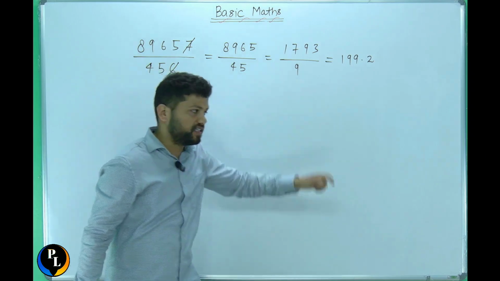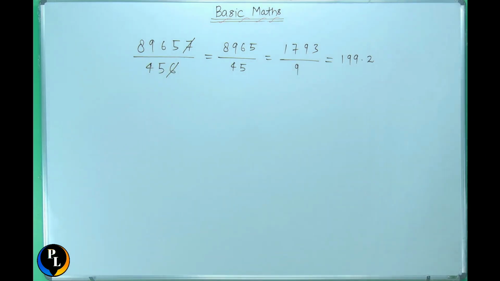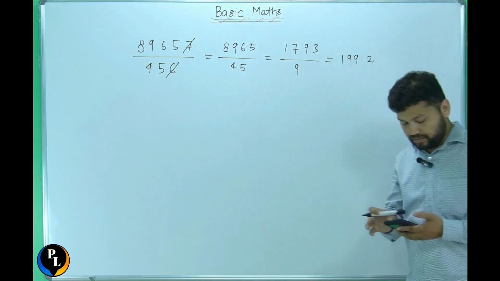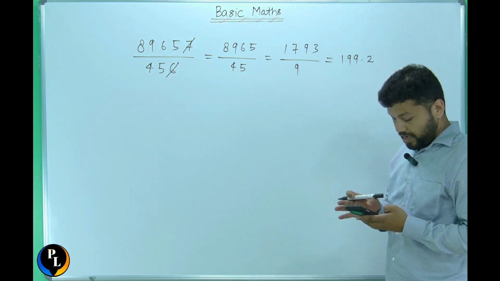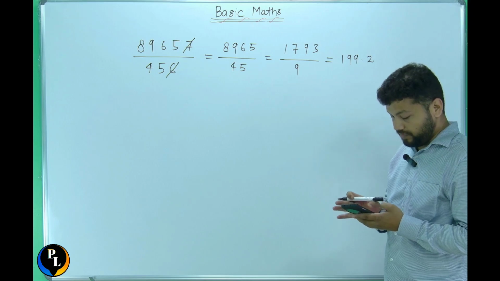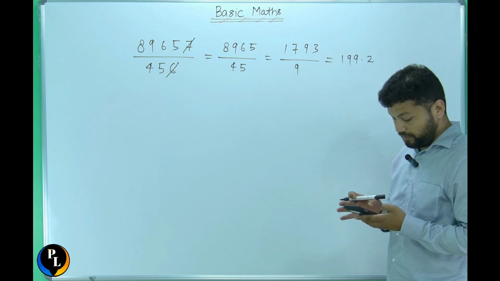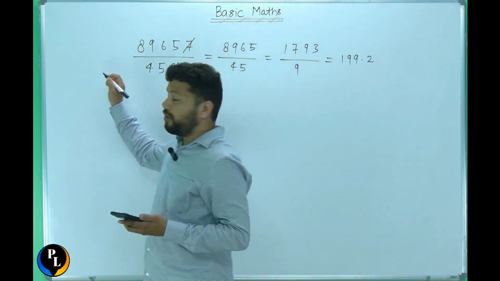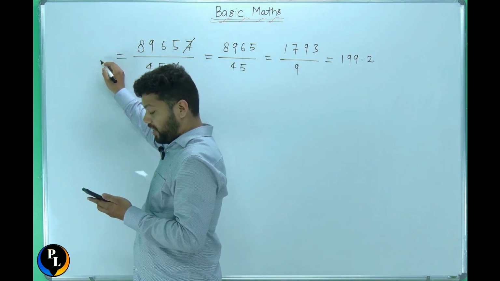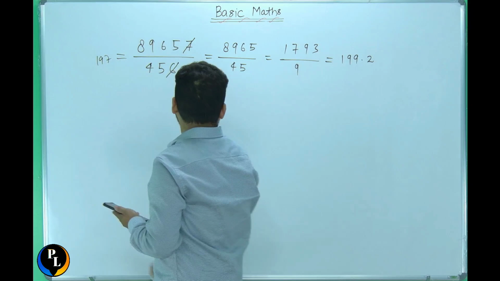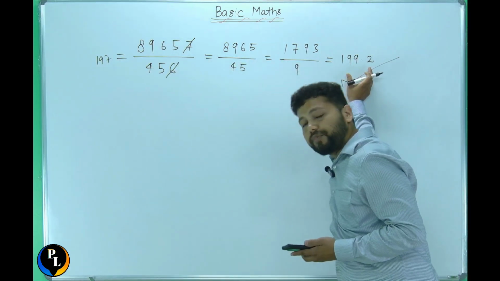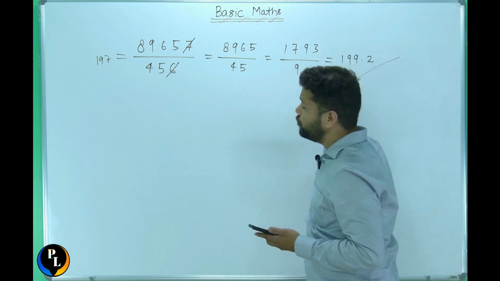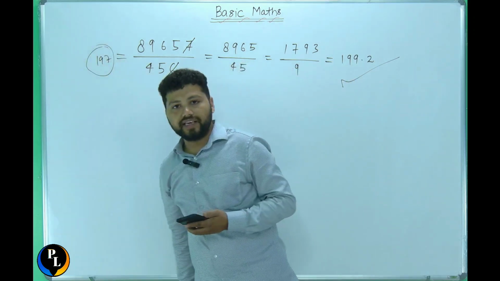Let's check the correct answer. 89657 divided by 456 equal to. If you solve here, the exact answer is coming approximately 197, and our answer is coming 199. So we can say what we have calculated is very close to the real answer.